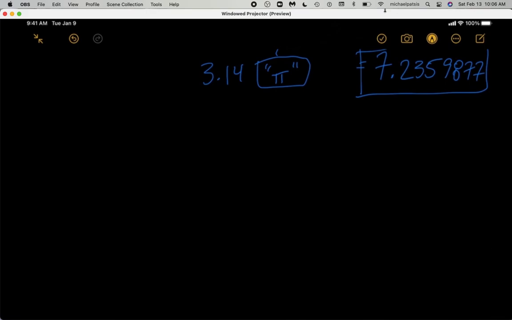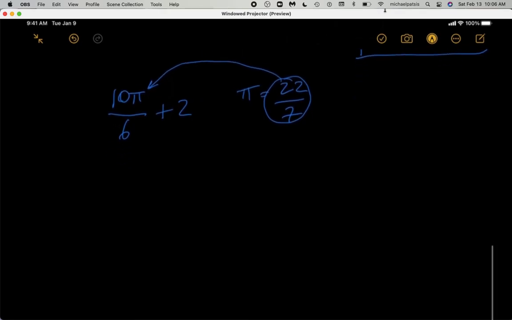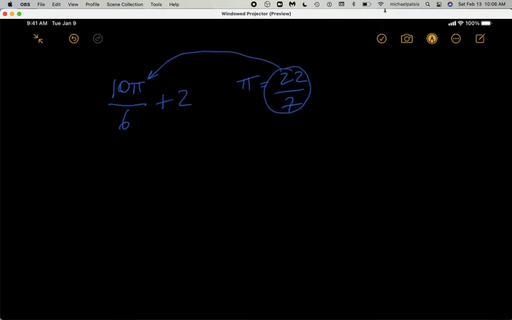So let's see, my original equation was this. 10 pi over 6 plus 2. And this time we're going to use pi equals 22 over 7. Okay, we're going to take this and plug this in for pi. Okay, a lot of times students are unsure what to do right now.